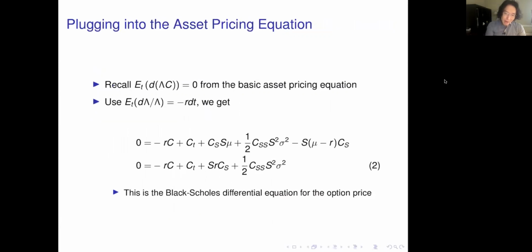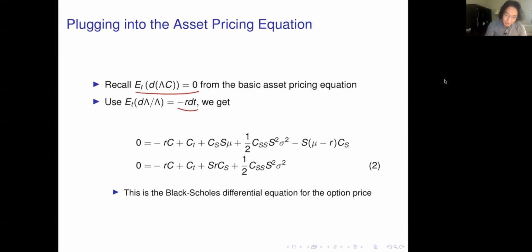Now we will use the fact that from the fundamental pricing equation, the infinitesimal change in lambda times c is going to have a drift of 0. And we will also use the fact that the stochastic discount factor has the drift of negative r. Now, what are we going to do?